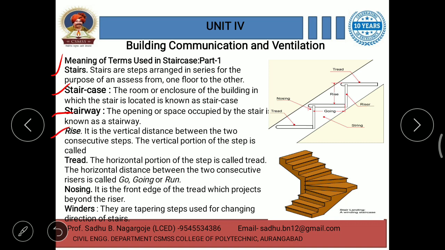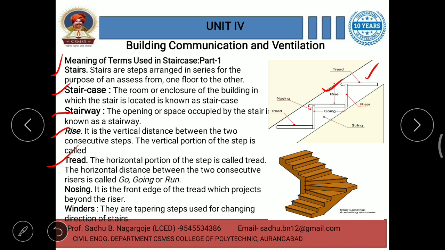Rise is the vertical distance between two consecutive steps. The vertical portion of the step is called rise, this rise here. Then tread: the horizontal portion of the step is called tread.